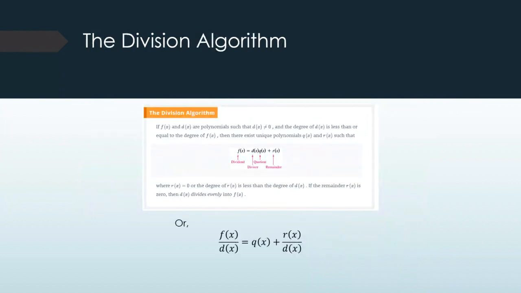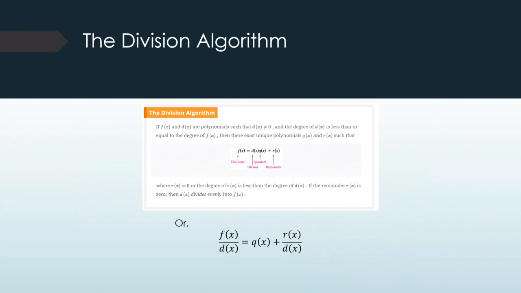So what I did is basically called the division algorithm. If f and d are polynomials, such that d does not equal 0, and the degree of d is less than or equal to the degree of f. I've written this separately in black on the bottom, f over d, where d is the denominator, what you're dividing by.